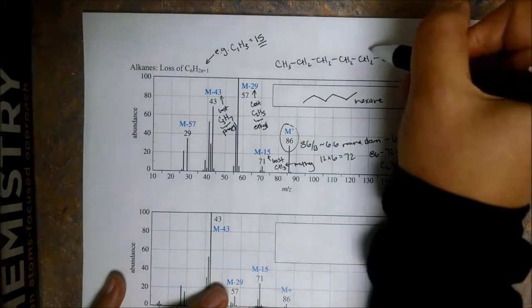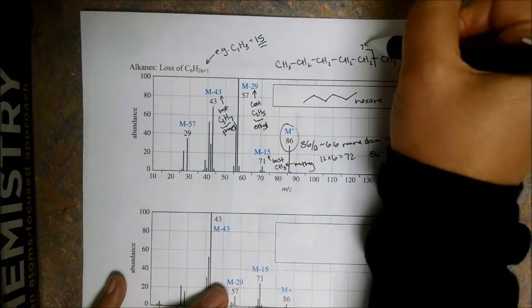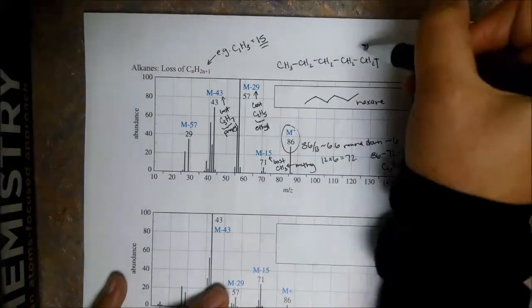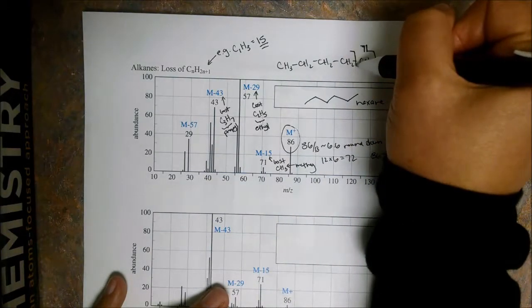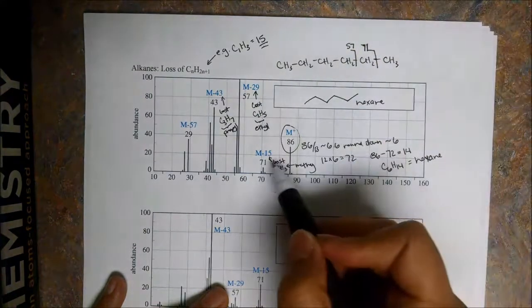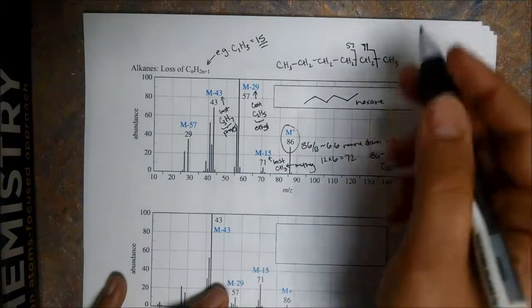If we chop off this last methyl group here, we get a mass of 71, which corresponds to this guy. There we go, we lost a methyl. If we lose an ethyl group, it chops it off right there. This corresponds to 57. Look at that. Again, that's because we lost this ethyl group all the way over here.